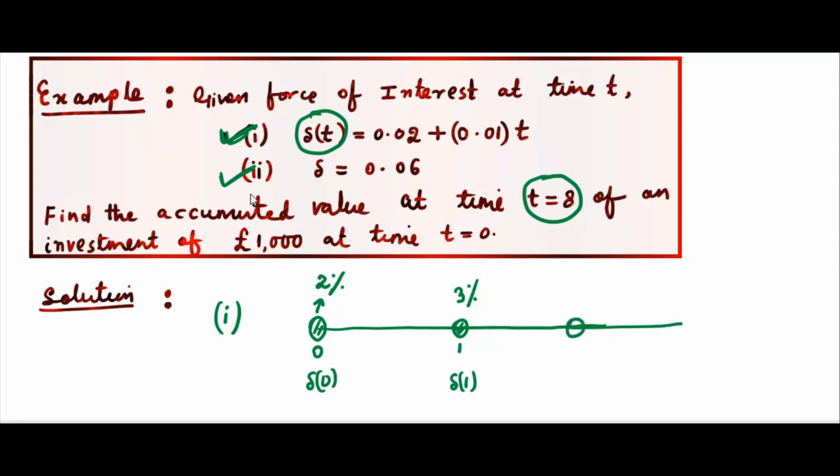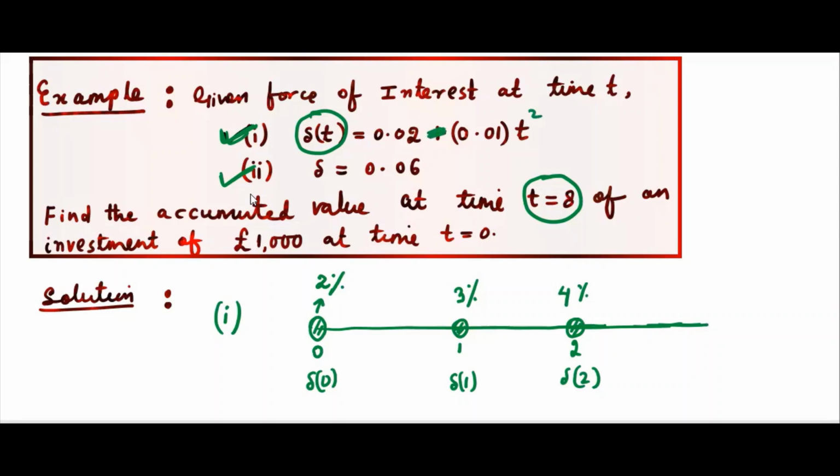Now go to 2. You find delta 2. You put 2 here, another 2%, 2 plus 2, 4%, 0.04. So the interest rate is increasing in this example. If I replace plus by minus, here I write minus, then this will decrease.